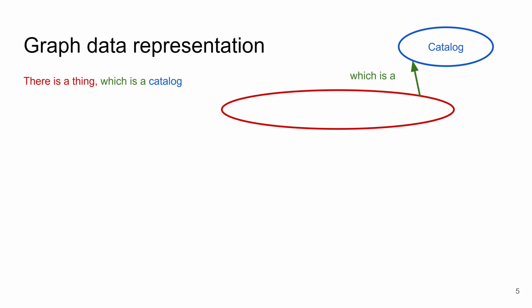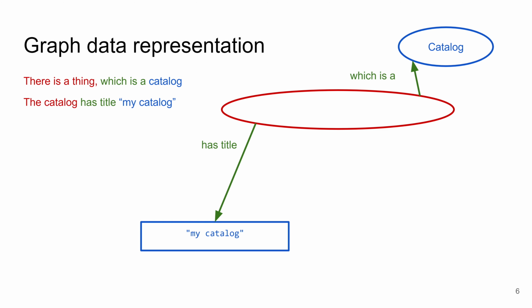And then there is the edge labeled, which is saying that the particular one catalog is of a type or belongs to the set of all catalogs represented in the graph with the blue oval. And we can continue. We can say the catalog, which is again the same red oval, has title, which is a different kind of edge, my catalog, which is a value. And we'll denote the value by a rectangle.